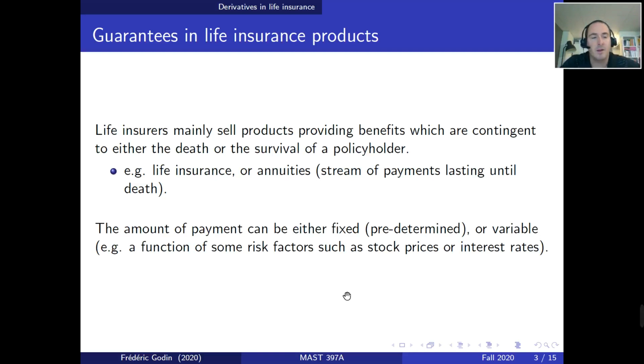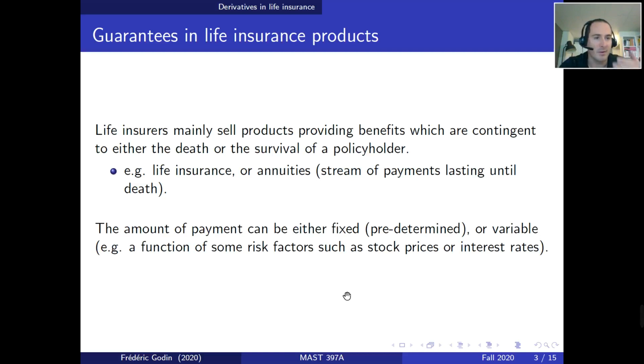In these products, there are, of course, many versions. For those who've done actuarial science classes, you've been in contact with the various products that are issued by life insurers. Sometimes the payments or the benefits provided by the products can be fixed, so the amount is predetermined.